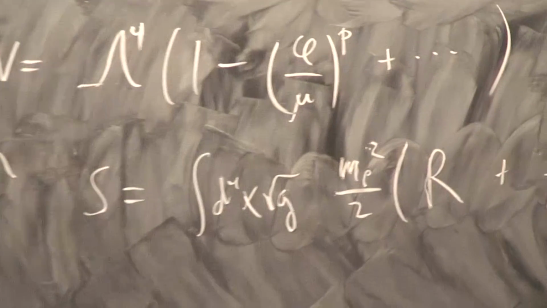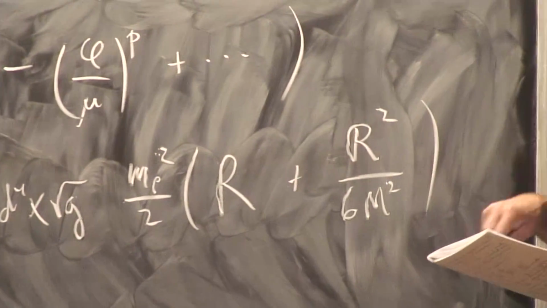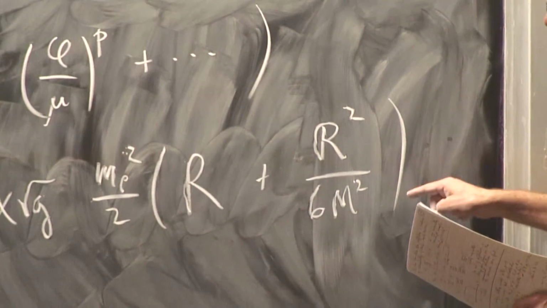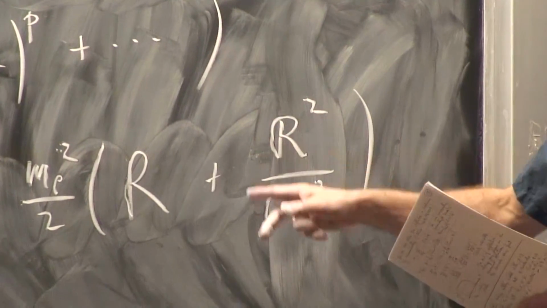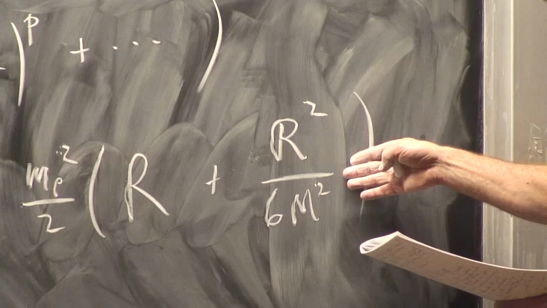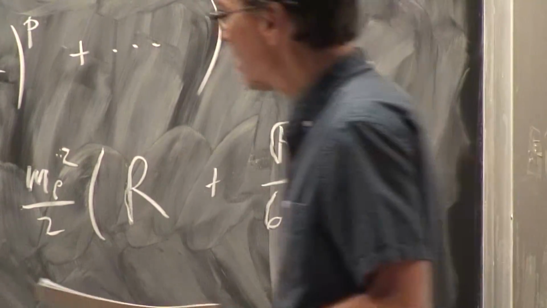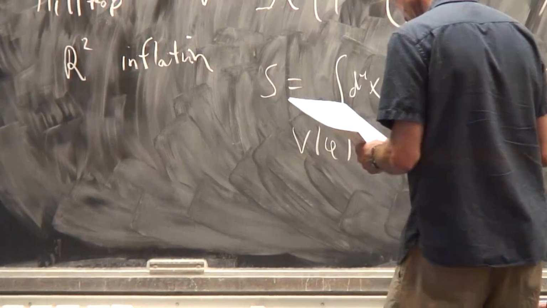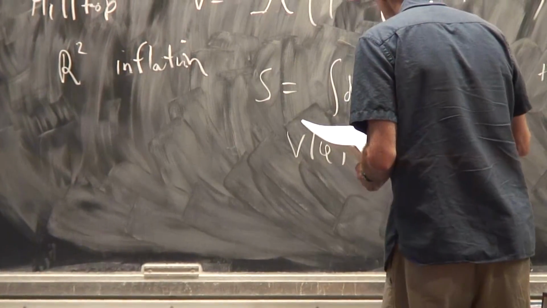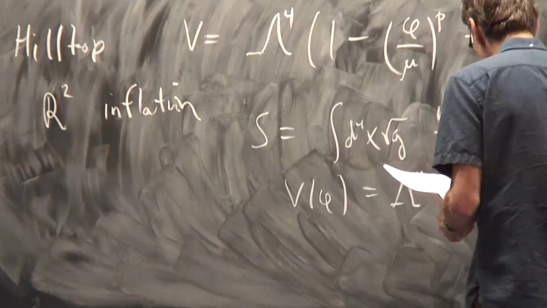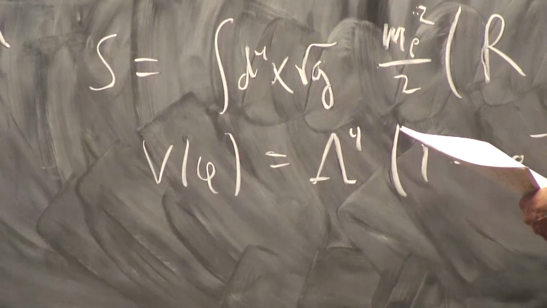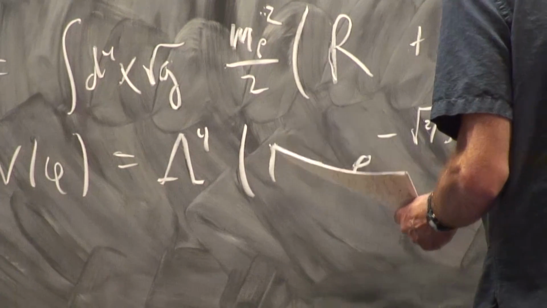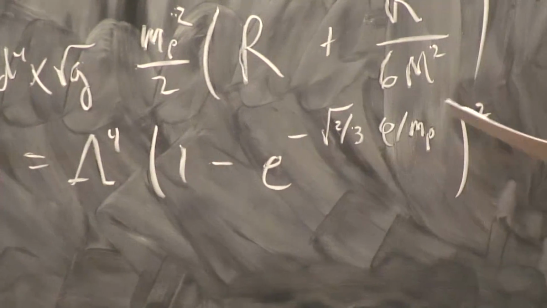And it turns out, it's at the end of my notes here, but we won't have time to get to them, that you can always put in an auxiliary field to re-express this in terms of a scalar field. So it's equivalent to an ordinary scalar field potential of the form lambda to the fourth, 1 minus a negative exponential, e to the minus root 2/3 phi over m Planck, quantity squared.